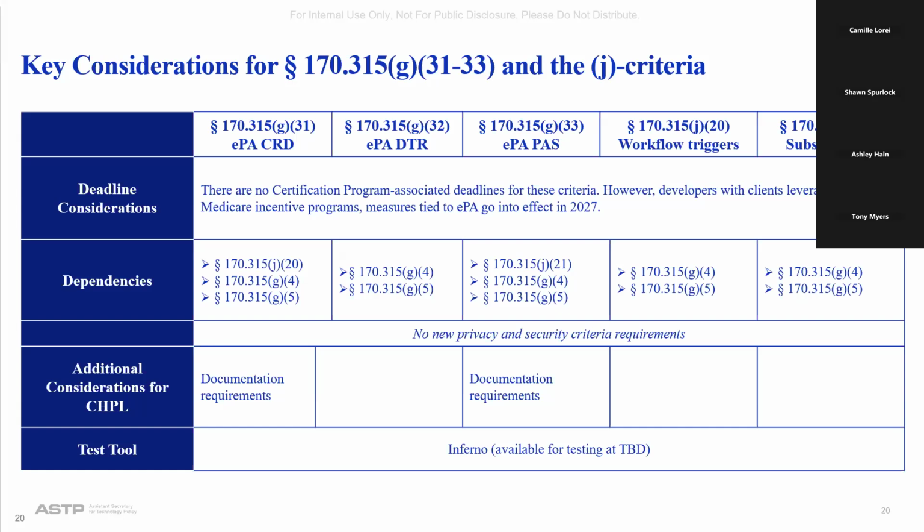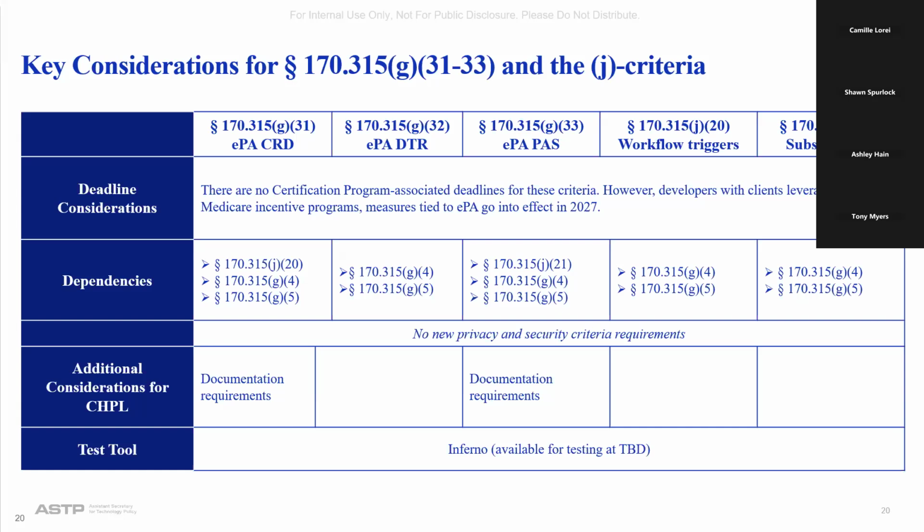But I think it's important to highlight that as an example of the way in which two policies can be coming from two different agencies, yet interlock in a way that's mutually supportive. So we don't have a requirement in our program to be certified to these new criteria by a specific date, but CMS has expectations that providers have access and use said technology by a specific date.